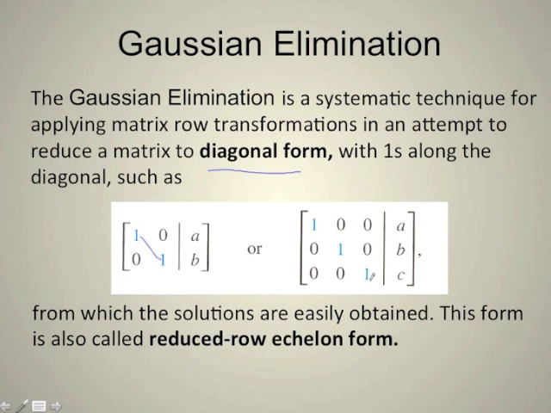For a system of 3 equations, we still have 1s on the diagonal. Everything else is 0, and then after the line in the augmented matrix, we have some constants. Then the solutions are ready to obtain, because this means 1x equals A, 1y equals B, and 1z equals C. This is called reduced row echelon form.